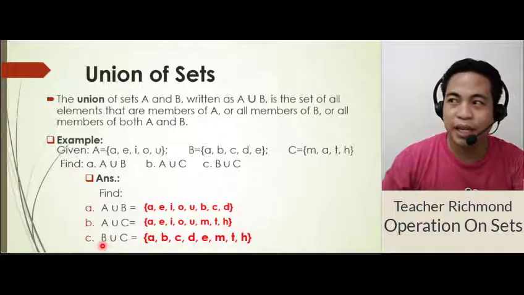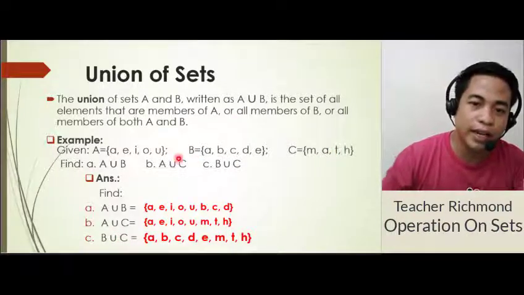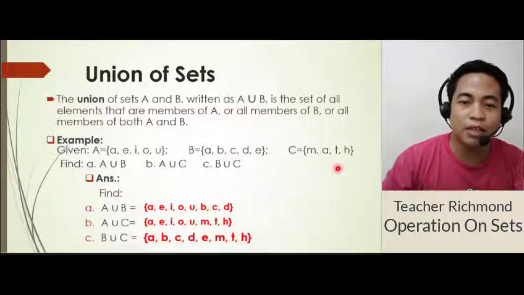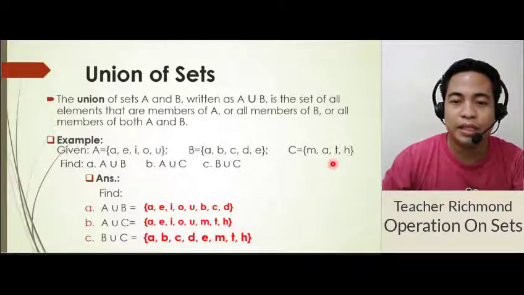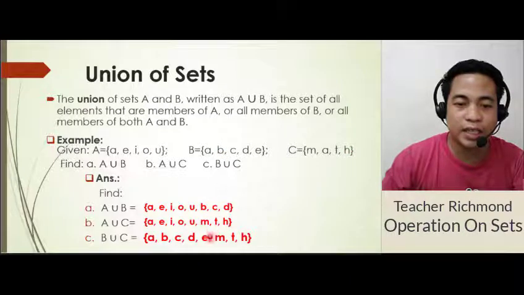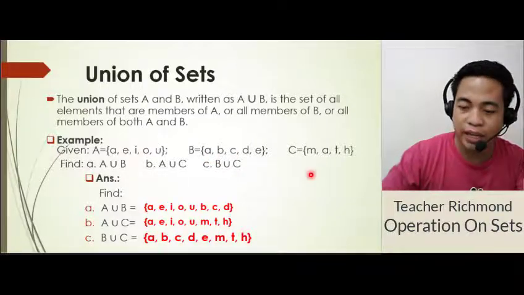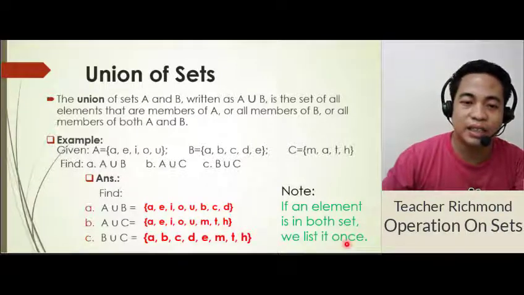Next, the union of set B and C. So what you're going to do is go back to the given and look at the elements of set B and the elements of set C and write all the elements in both sets, but don't write the elements that are repetitions. Why? Because you have to take note of this: if an element is in both sets, we list it once.